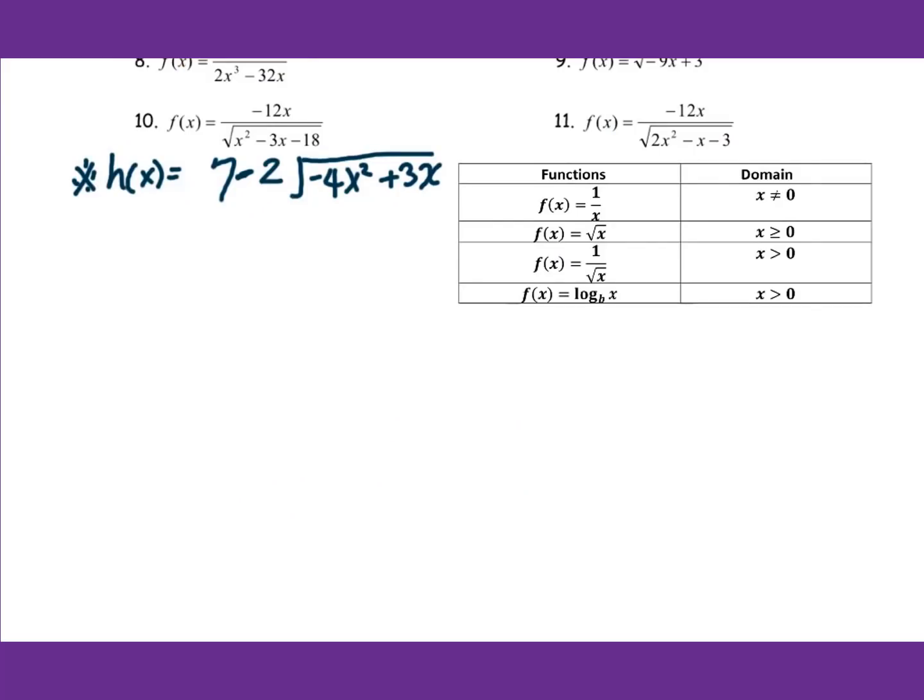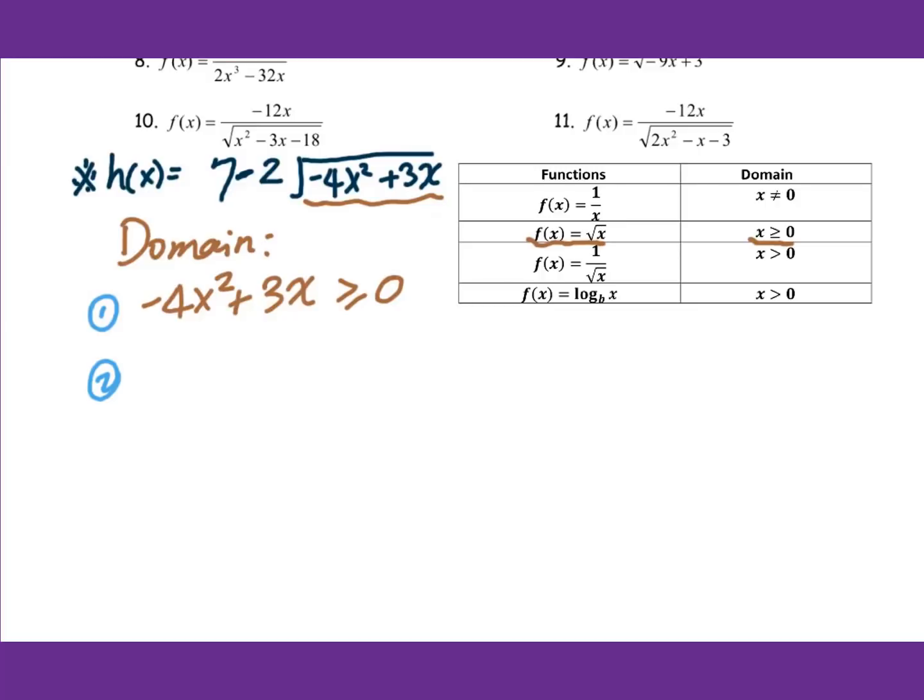One more practice for finding domain. For h of x equals 7 minus 2 times the square root of negative 4x squared plus 3x. We know this is a square root function. Radicands we set up greater than or equal to 0. Therefore, for the domain, we set up negative 4x squared plus 3x greater than or equal to 0.